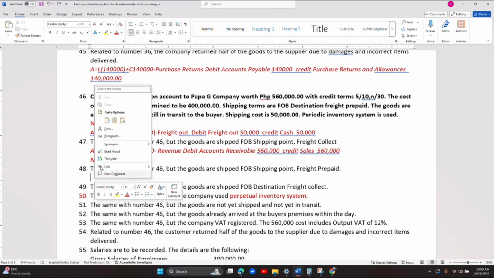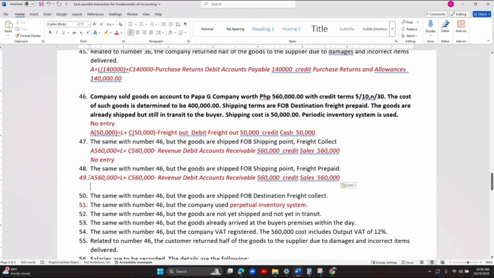Because again, you have already passed the title of the goods to the buyer. So you have to enter already 560,000 accounts receivable and then revenues 560,000. As to the freight, on number 47 there is no entry because the one supposed to be paying for the freight is the buyer and they paid that freight collect.